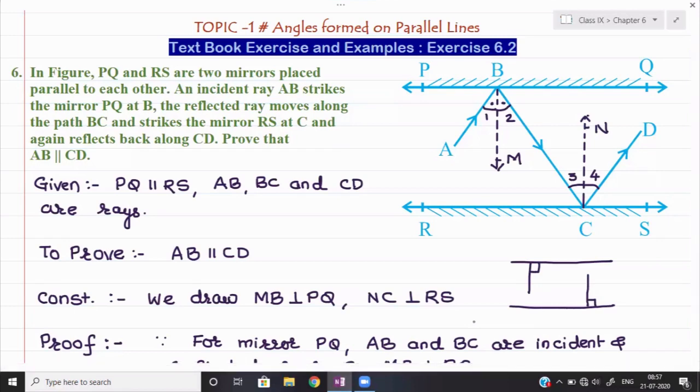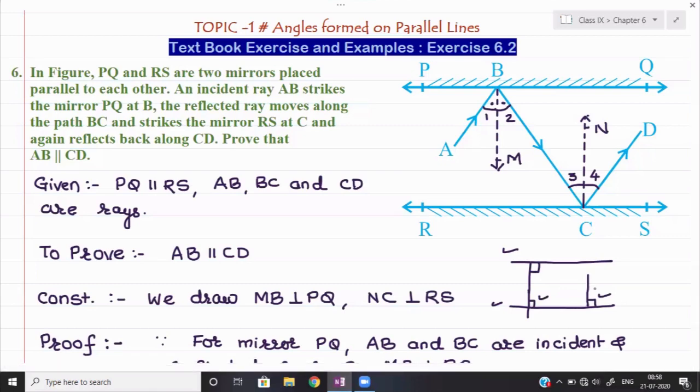This is a fact we can say, or we can prove it with the help of corresponding or interior angles. If I extend this line over here, this is also a perpendicular case, and this angle and this angle will be corresponding angles, and corresponding angles are equal, so the lines will be parallel.